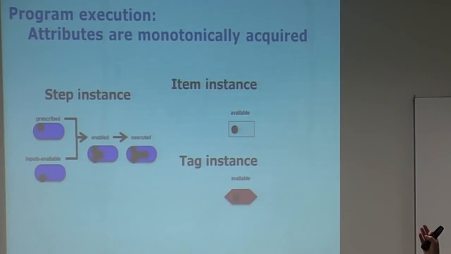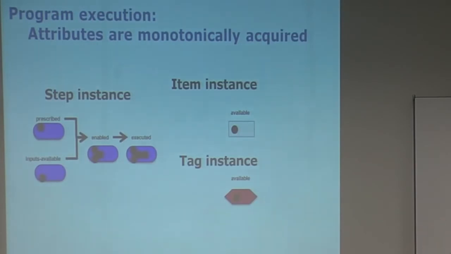So once it's executed, as I said, an instance comes into existence when it has any attribute. You can think of it that way. And when a step is executed, then we don't have to think about it anymore. So this stage between having some attribute but before it's executed is what we call the execution frontier.